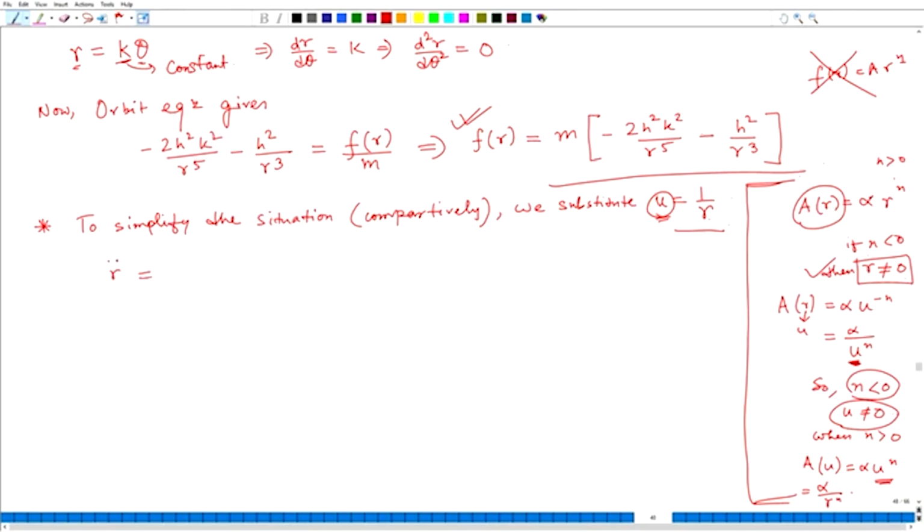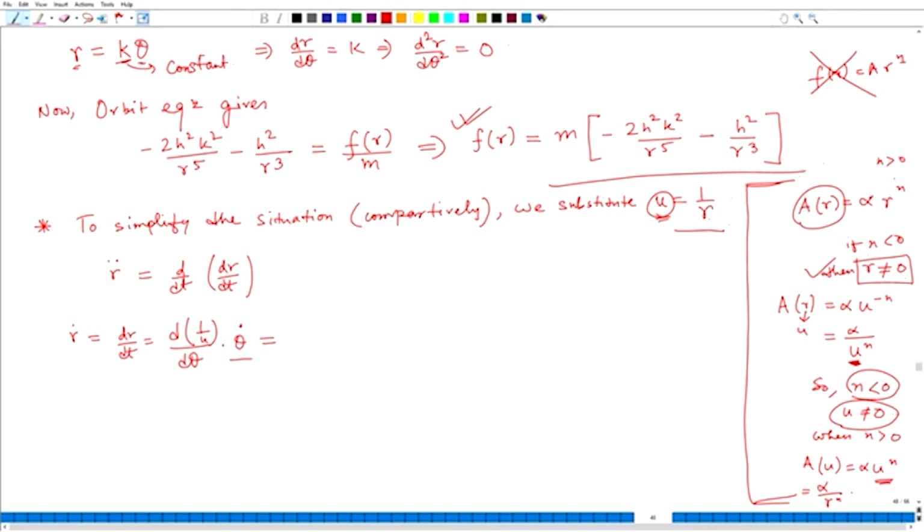So r double dot is equal to d dt of dr dt, and r dot is nothing but dr dt, which is dr d theta times d theta dt. Instead of r, now I will write 1 over u. So this will be d of 1 over u d theta times d theta dt, which is theta dot.